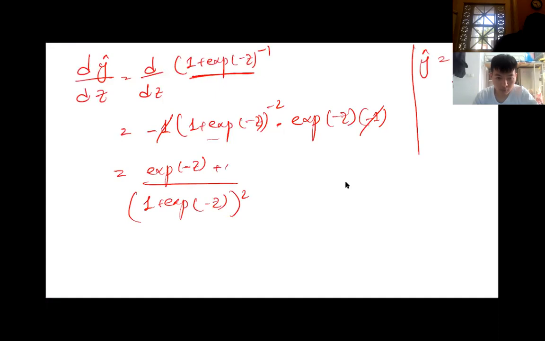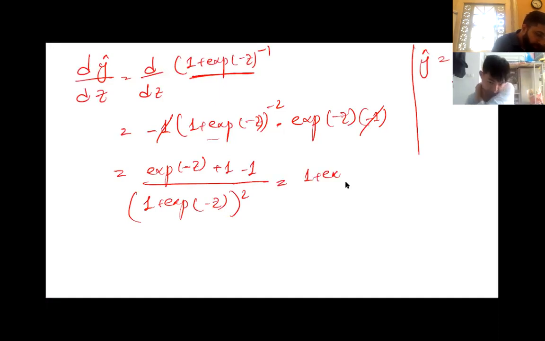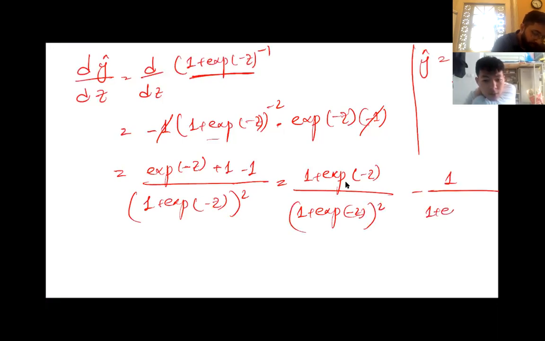Can I do something like plus 1 and minus 1 in the numerator? Of course I can. You can add and subtract the same quantity. So this becomes 1 plus exponent minus z divided by 1 plus exponent minus z whole square, minus 1 divided by 1 plus exponent minus z whole square.